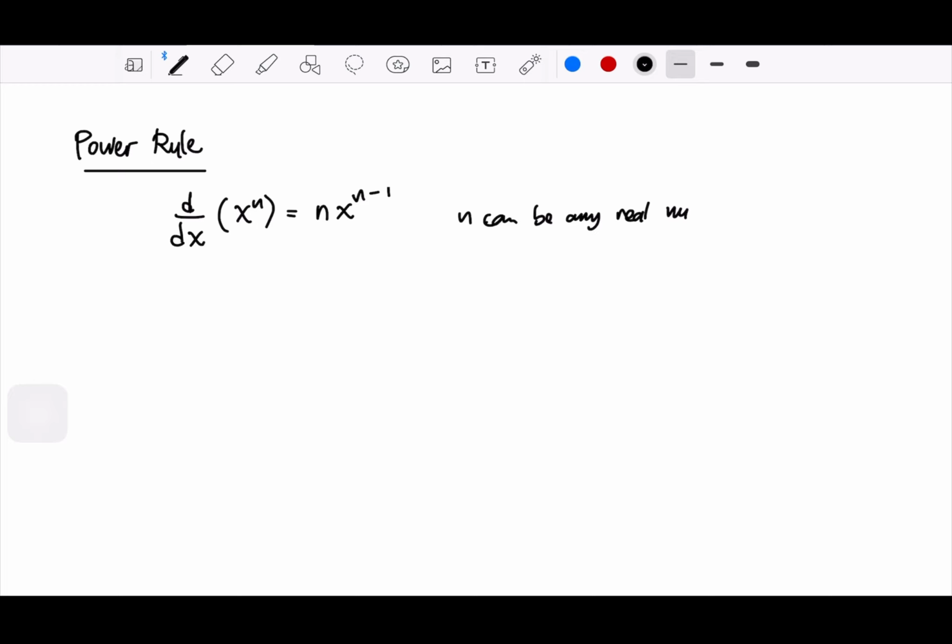Your textbook starts by giving examples using integers, then uses other exponents, and then concludes that n is any real number. I don't know why they use the integer at first. I think you can just skip that and say this is for all real numbers.